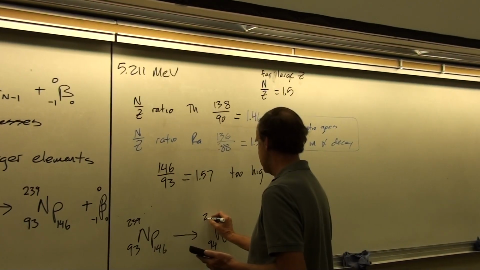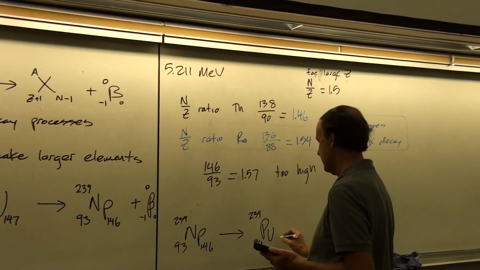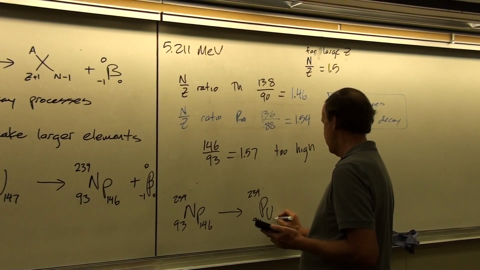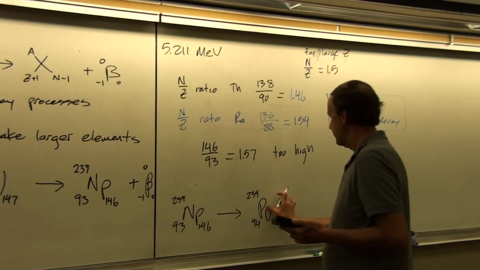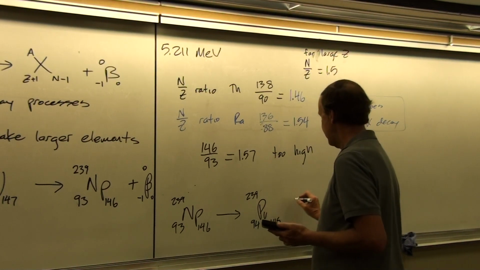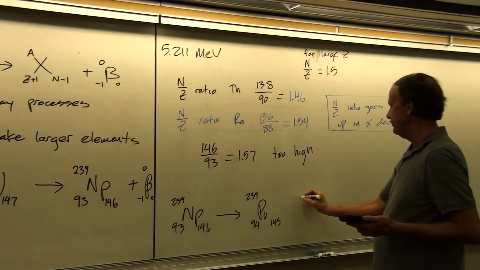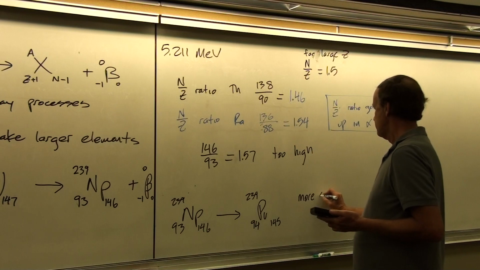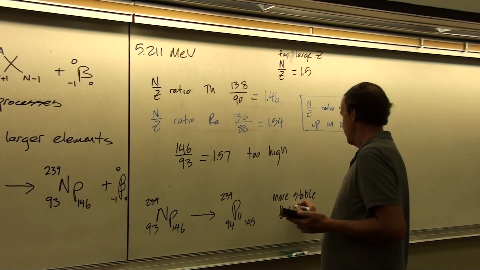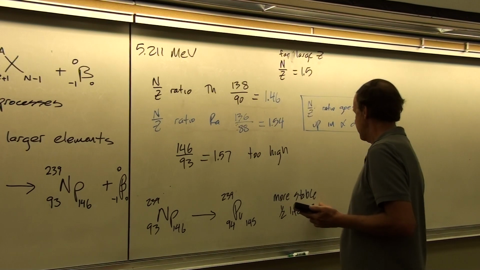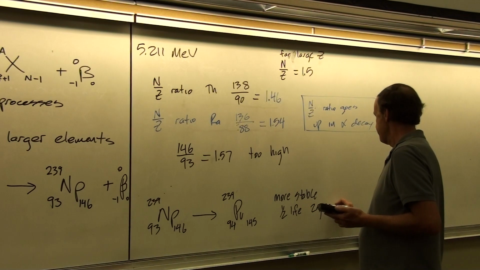It'll still have an atomic mass number of 239, but now it'll have 145 neutrons. And so this is more stable and has a half-life of about 25,000 years.